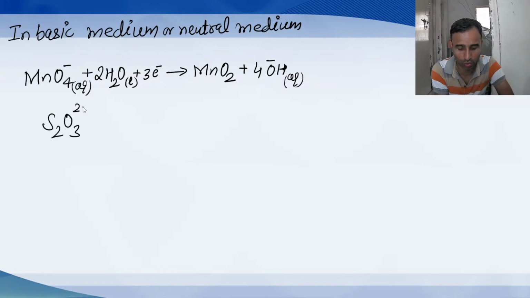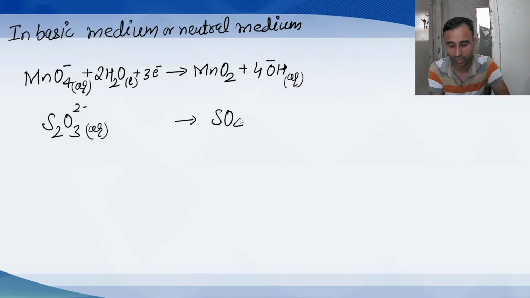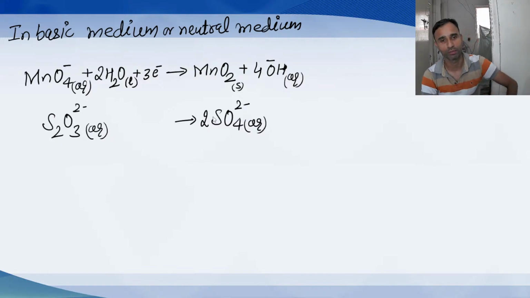S2O3 2 negative. Now S2O3 2 negative gives SO4 2 negative. So now first balance the atoms other than hydrogen and oxygen. So 2 sulfur, 2 sulfur. Now on the right side there are 8 oxygens.